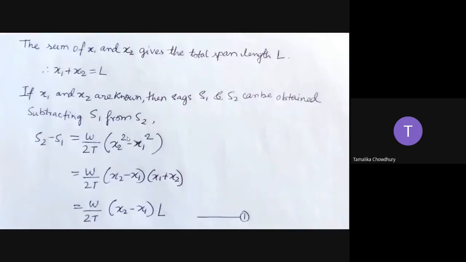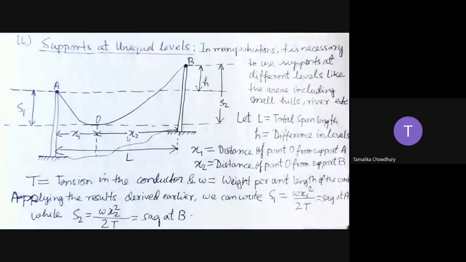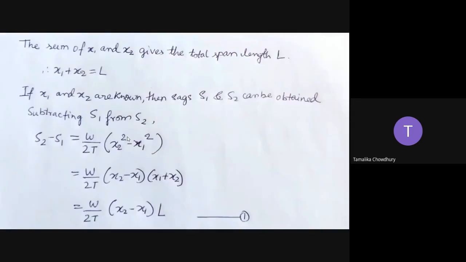Now we subtract the two equations of S1 and S2, simple subtraction. Subtracting S1 from S2, we get the same thing, W by 2T, times x2 square minus x1 square, and breaking it formula-wise, x2 minus x1 into x1 plus x2.